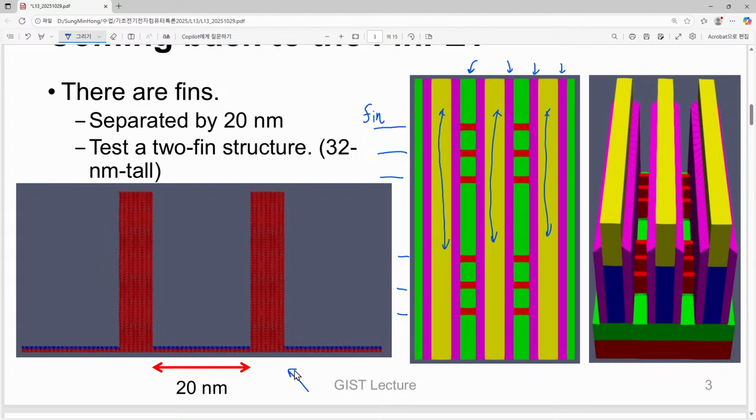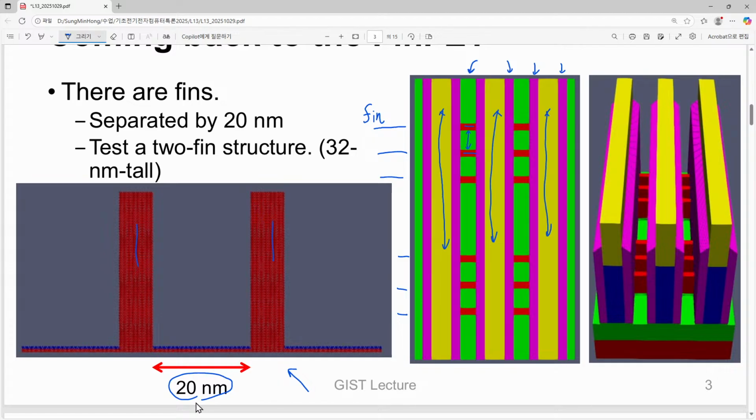If we make the cross-sectional view of this system in simplified version, it looks like this. What is this 20 nanometer gap between these two fins? Yes, in our case this is 20 nanometer. Here we have one fin and another fin, and in the vertical direction we will have the spacers terminating the fin, but that is not considered. We will first perform a two-dimensional simulation for this epitaxial growth.